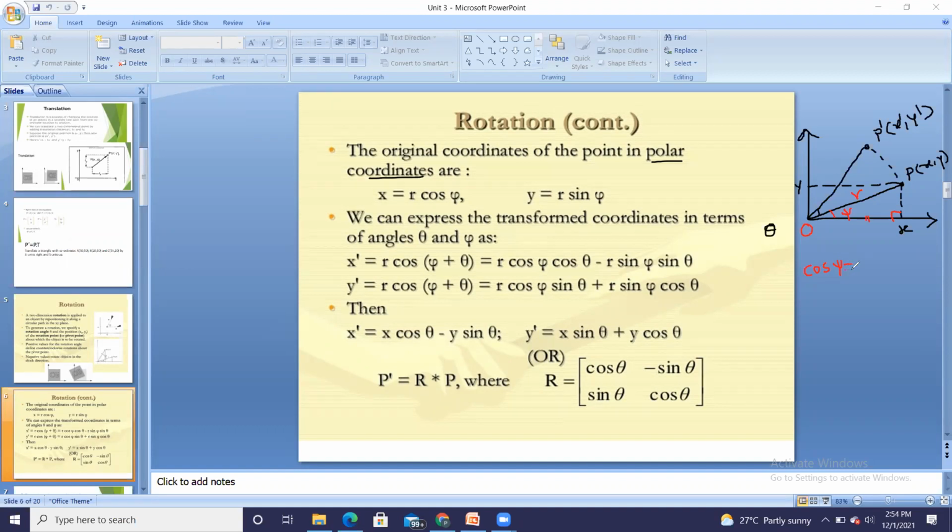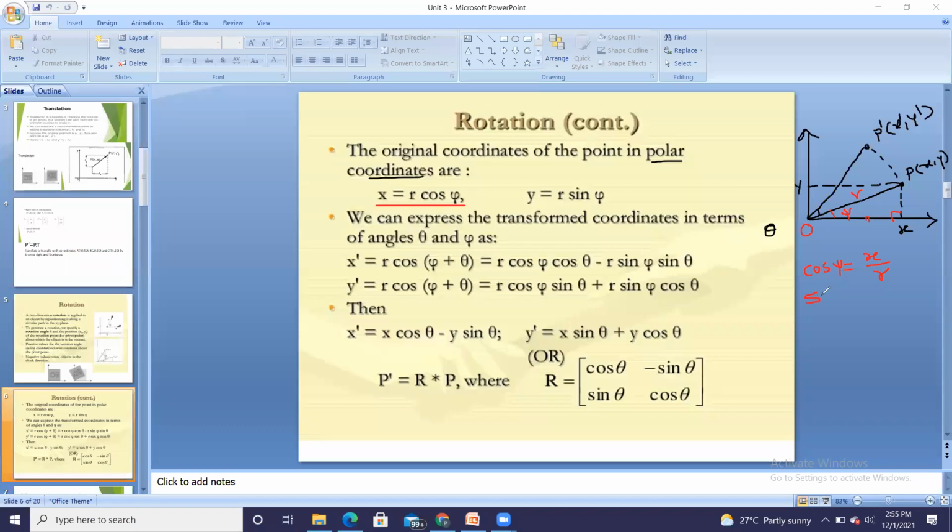Cos psi is nothing but the side which is near to this angle, that is x, divided by r. All of you agree with this? Cos of this angle is x divided by r. So in short, I can write x is equal to r cos psi, by multiplying r on this side.